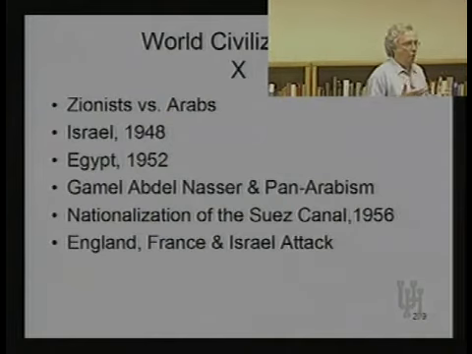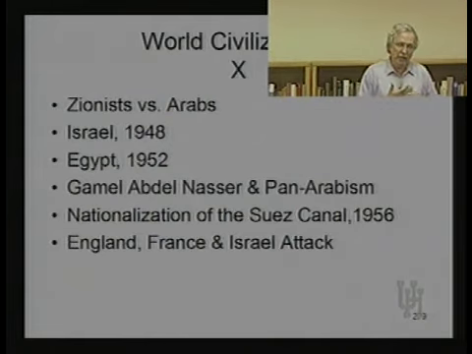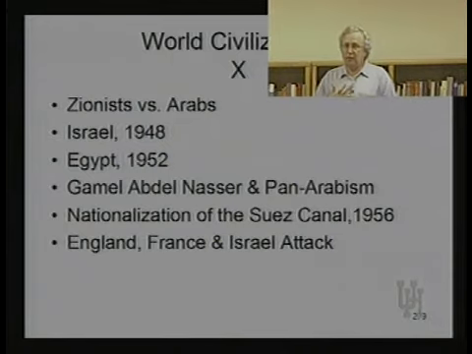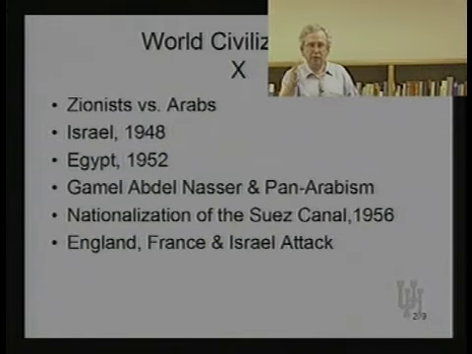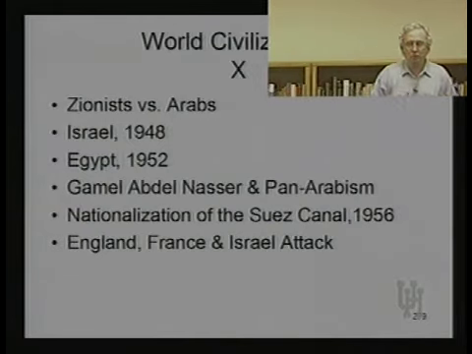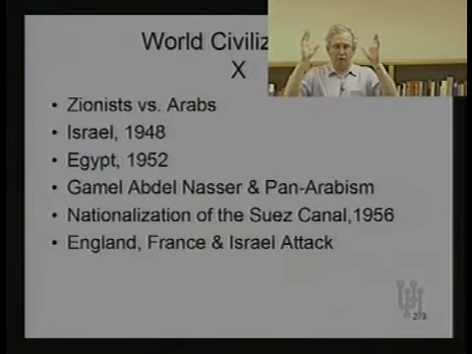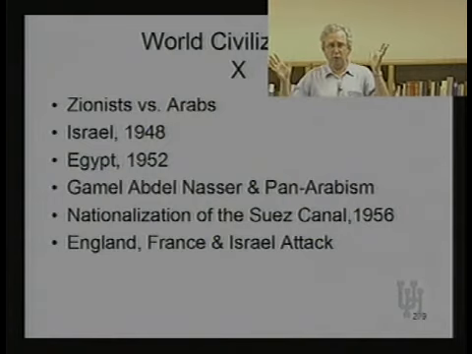The hallmark event of Nasser's rule was the nationalization of the Suez Canal in 1956. Up until that time, the British still had control over the canal. So nationalizing the canal in 1956, taking over complete control by the Egyptian government, was a hallmark event not only for Nasser but for Arabs throughout the Middle East.